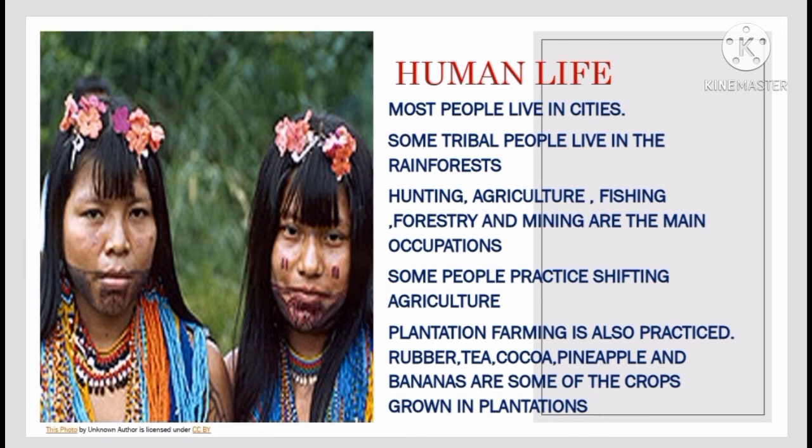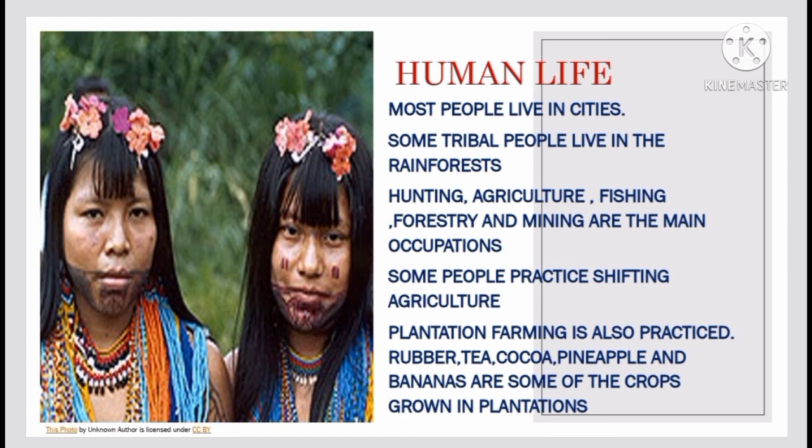Last topic is about the challenges faced by the people in this region. One of the main challenges facing this region today is how to bring about economic progress without destroying the rainforest. The large scale cutting of trees for timber and to clear the land for mining, agriculture, and ranching is threatening the life of tribal people and the wildlife of this region.